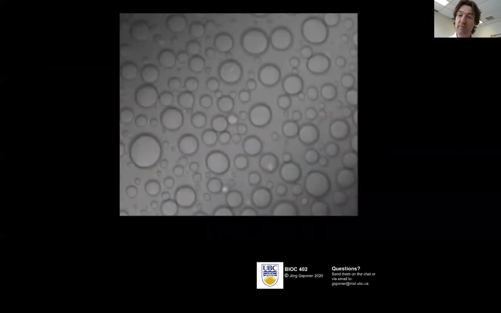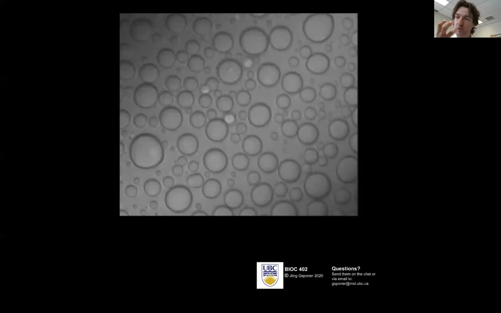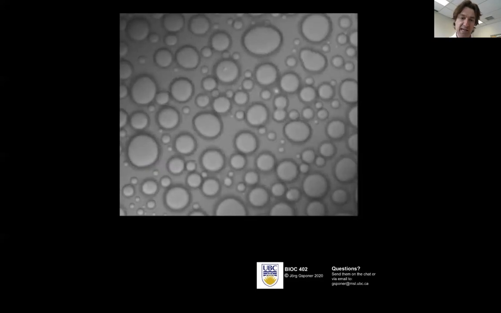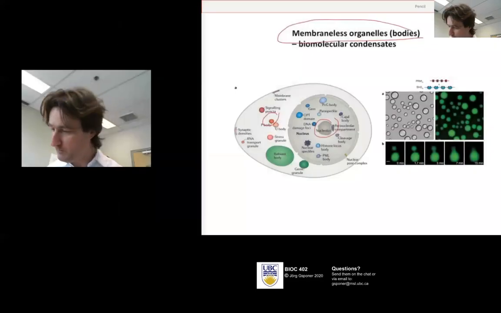These are droplets made of proteins that behave like water droplets. They can coalesce, they can grow, and they would sediment in vitro.